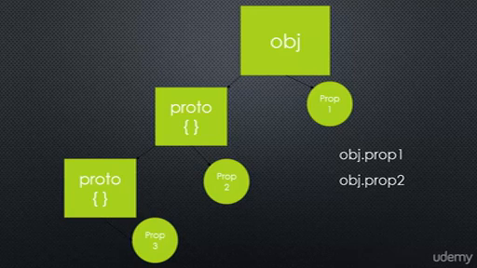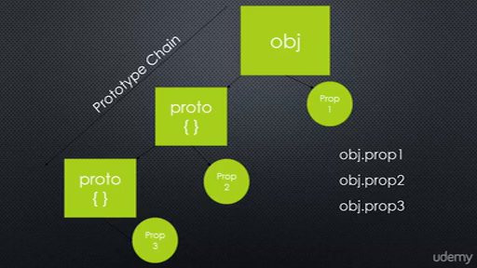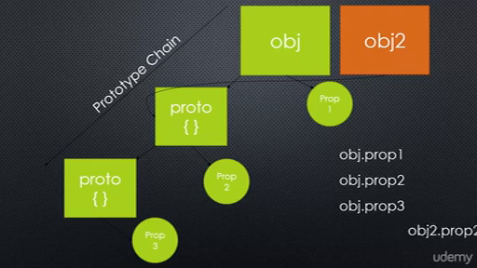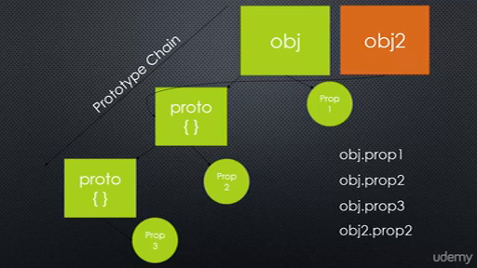And anywhere down that chain, the prototype chain, we can access those properties and methods of any of the objects along the prototype chain. And that's how JavaScript accomplishes the idea of inheritance, and that many different objects can actually point to the same object as its prototype, allowing it to also have access to the same properties and methods.